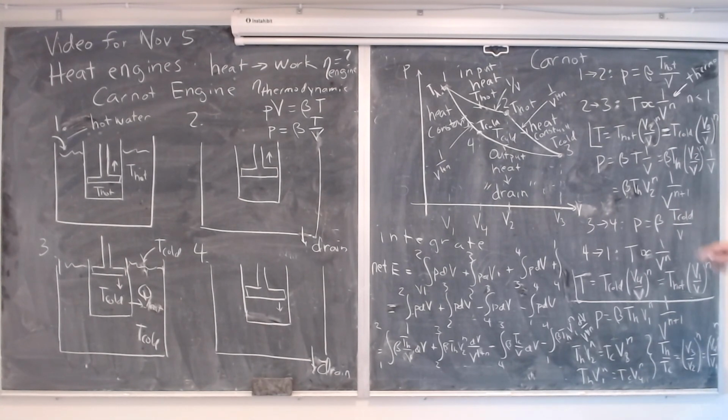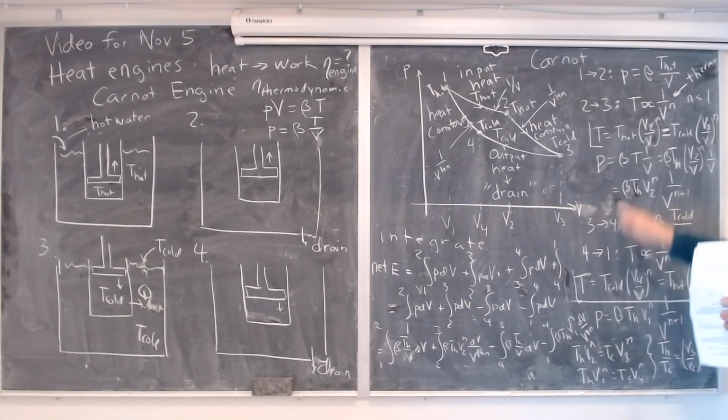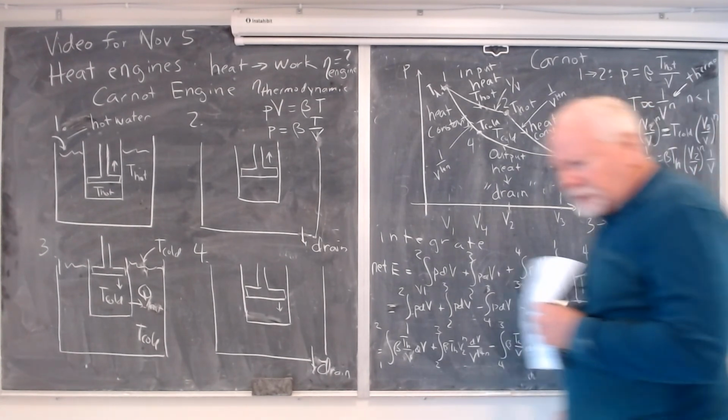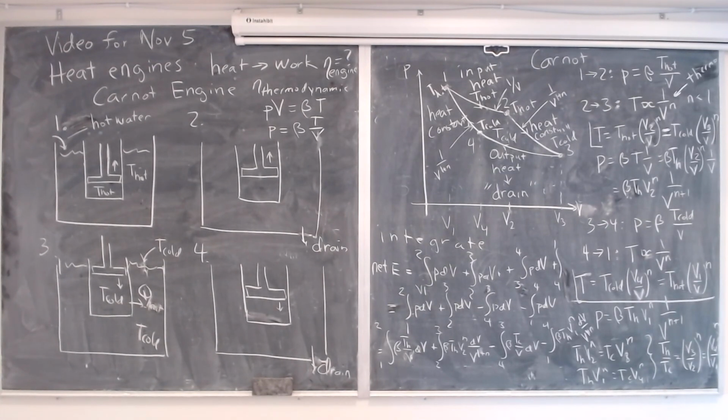And then we use this plot, this cycle, to show this over here, which I hope is showing up on the screen. Yes, it is. T hot over T cold, you can barely read it, but it's there, is equal to V3/V2 to the n, which is equal to V4/V1 to the n. It's barely there, but it's there.